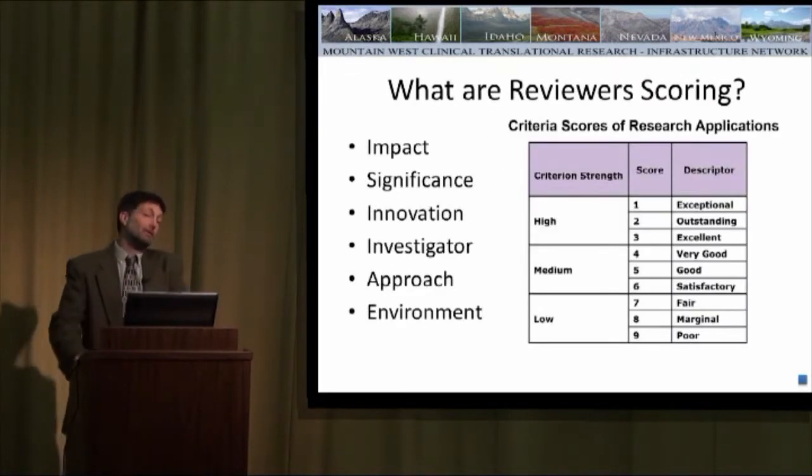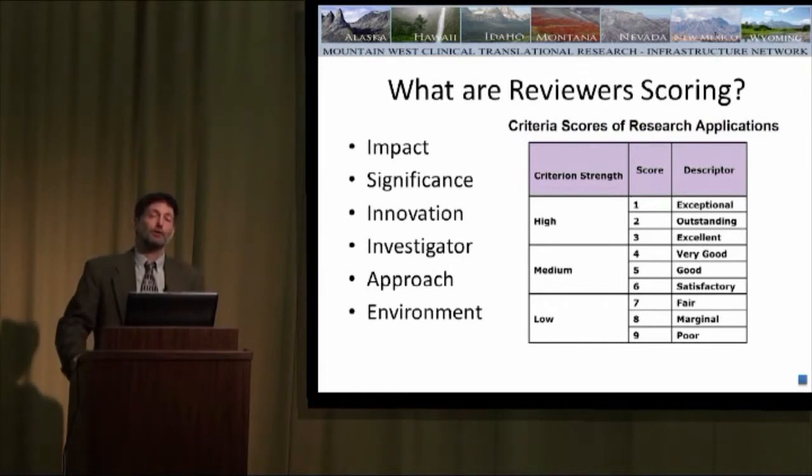So for starters, what the reviewers are looking for and how they're scoring and how they're providing their feedback to the pilot grant applications, we follow the standard NIH criteria and instructions that are provided to members of scientific review panels or study sections.